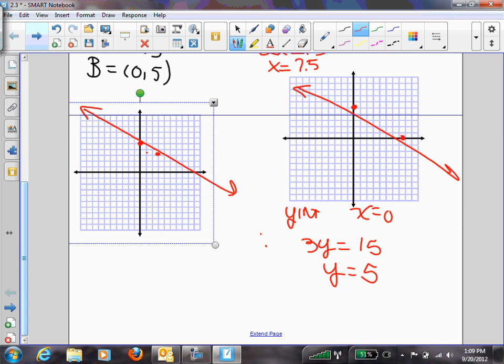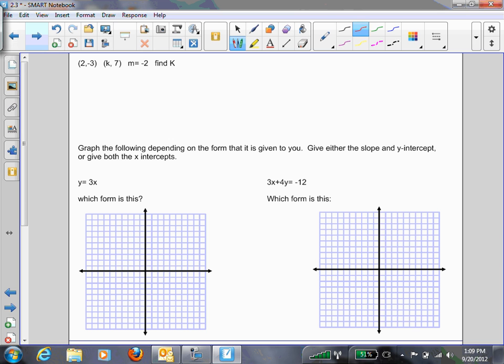Okay. All right. So this is a little extra stuff. I'll give you a second to write this down. So this first example is going to say, I'm giving you the point 2, negative 3, and k 7. I'm telling you the slope is negative 2, find k.